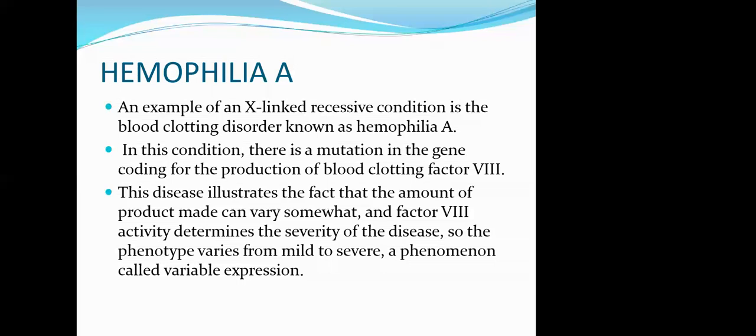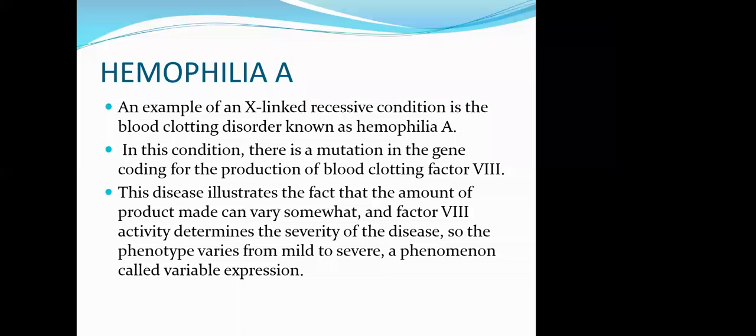But in these patients, if you go to the hemophilia clinic, you'll find that when we are injecting them factor 8, some require 10 units, others 100 units. This phenomenon is referred to as variable expression. The patients have the mutation, but in the phenotype, the severity of disease varies. So hemophilia A is an example of an X-linked recessive condition.